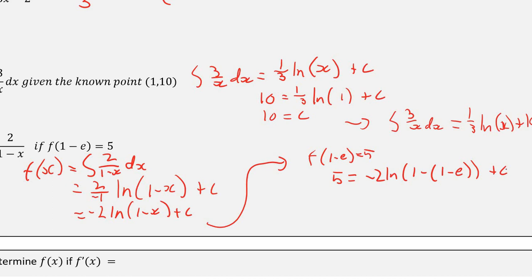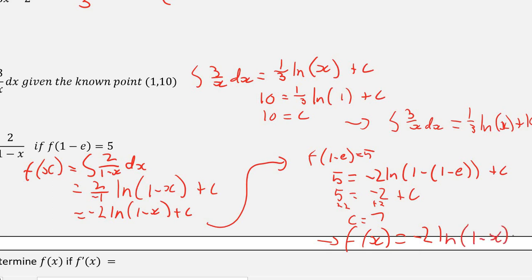Now in your calculator, you can't just put e in. It'll ask you for e and then a power. Because we only want one lot of e, we put e to the power of 1. That ends up being -2. So 5 equals -2 plus c, plus 2 to both sides. C equals 7. Therefore, f of x equals -2 ln 1 minus x plus 7. Cool.